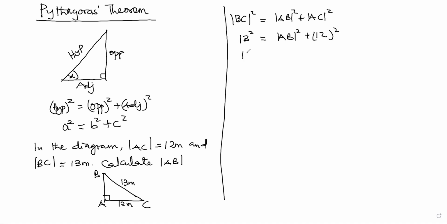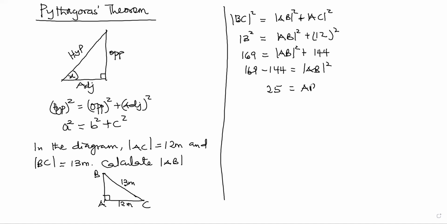So 13 squared is 169. 12 squared is 144. So we group like terms here. 169 minus 144 goes to your AB squared. So this will give you 25.